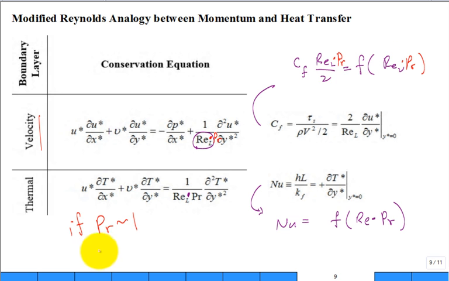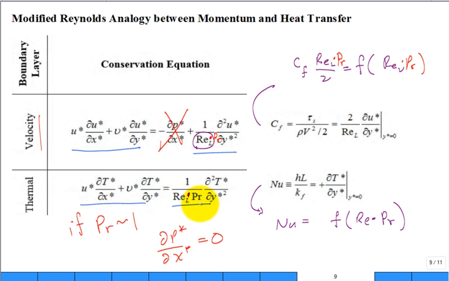And then if I say that the pressure gradient is negligible, and then I look at this equation and that equation, they're the same equation. And the boundary conditions were the same normalized boundary conditions.